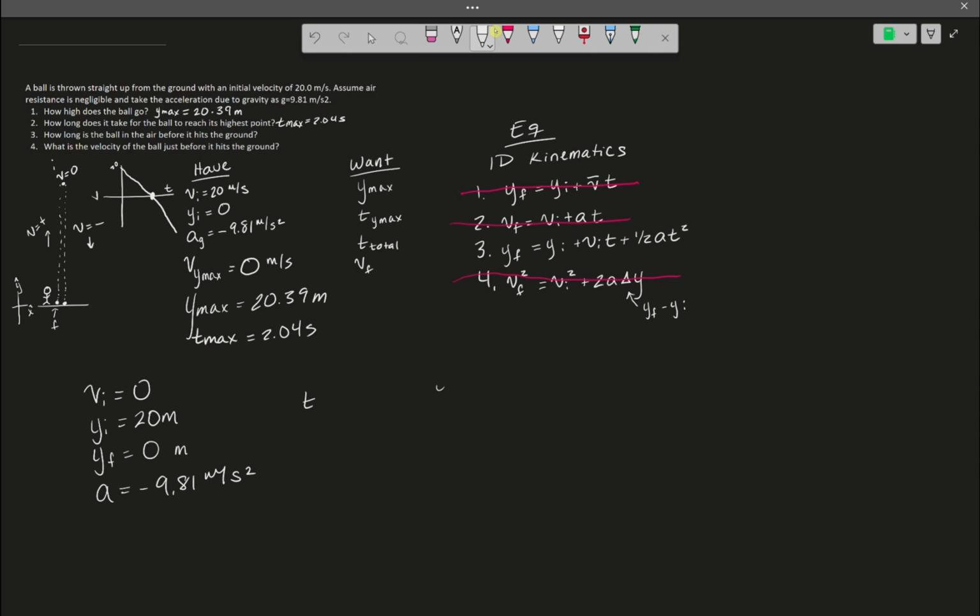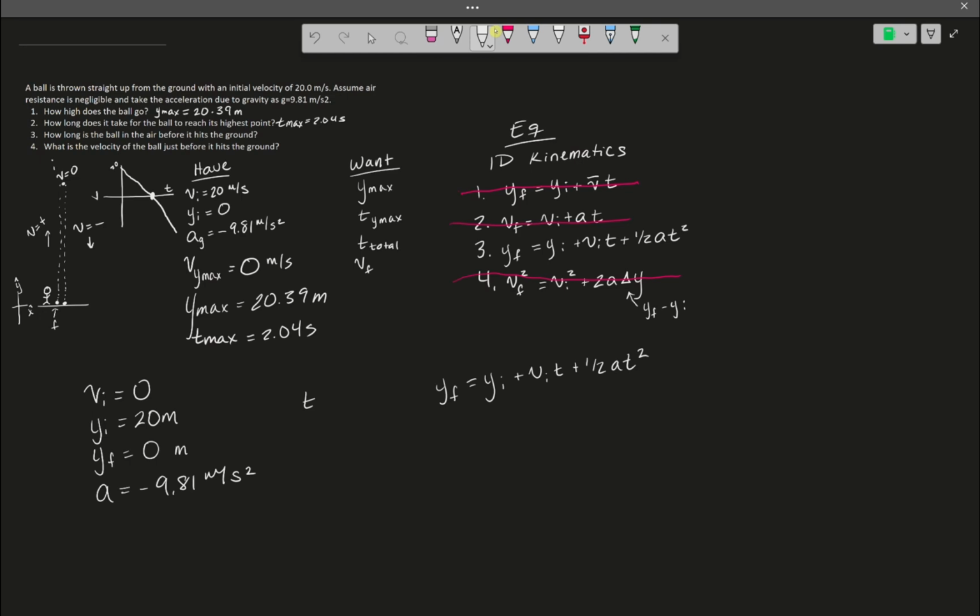So equation 3 is our final position is equal to our initial position plus the initial velocity times time plus 1/2 acceleration time squared. Now, I always tell you, do not plug in numbers until you do all of the algebra. There is one situation where I encourage you to plug in numbers before you do algebra, and that's whenever you have zeros in some of your variables.